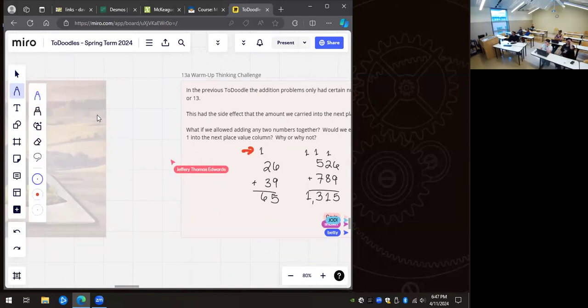For example, if I had 99 plus 99 plus 99 plus 99, 9 times 4 is 36. And 9 times 4 again is 36. So if I'm adding up more than 2 things, then I might have to carry something bigger than 1. But you've probably never had anyone ask you to add up 4 numbers at school.